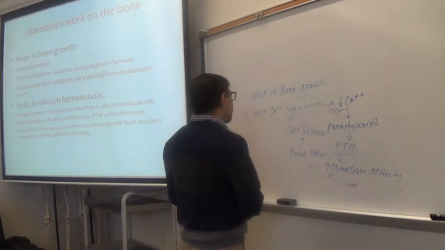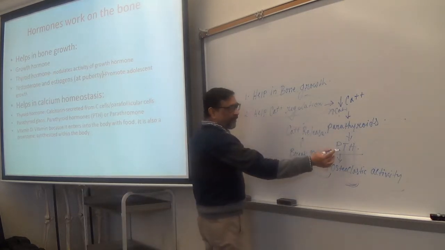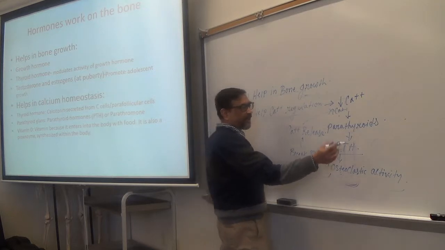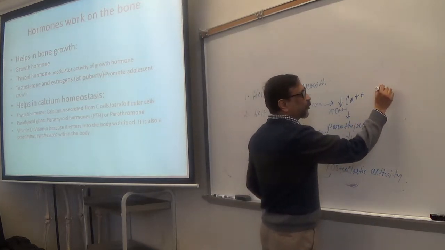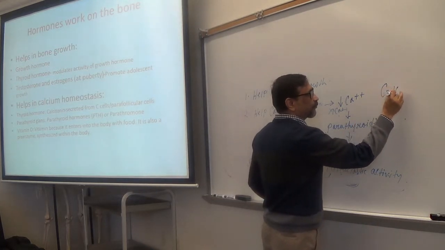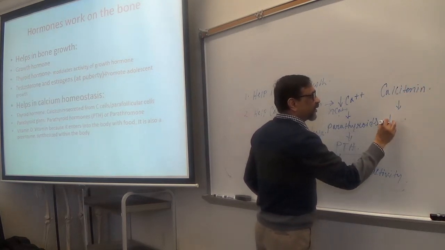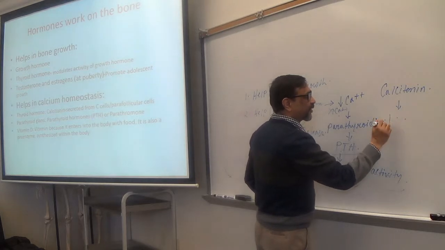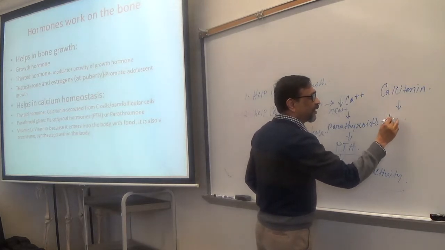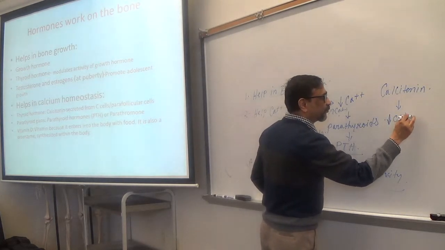Okay? So parathyroid activates the osteoclast, thyroid hormone calcitonin decreases the osteoclastic activity, inhibits the osteoclasts.